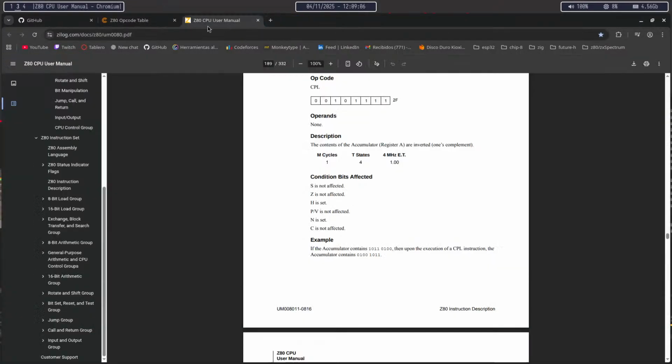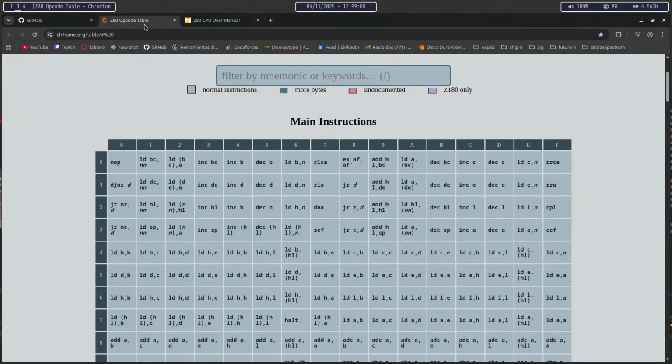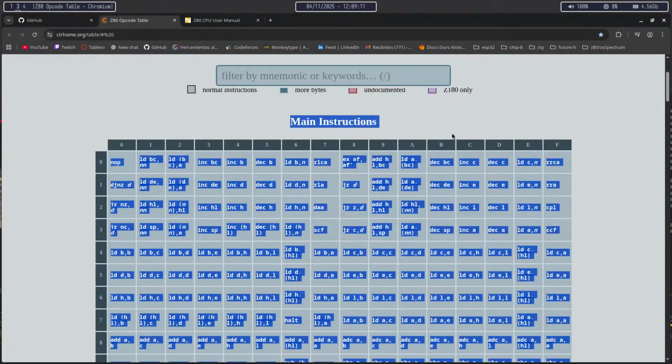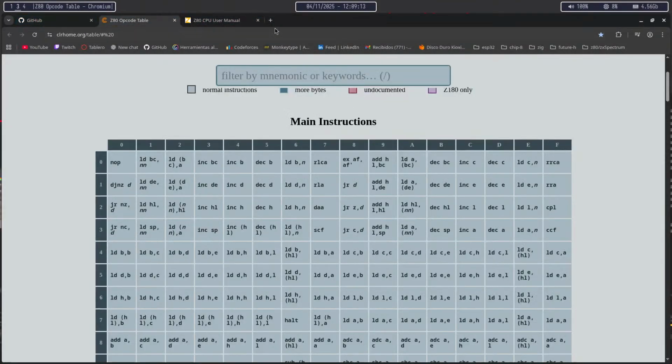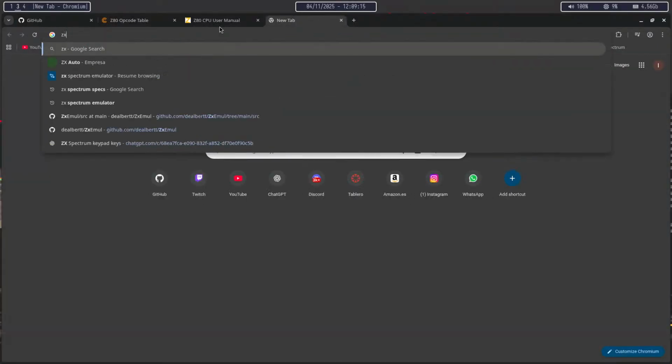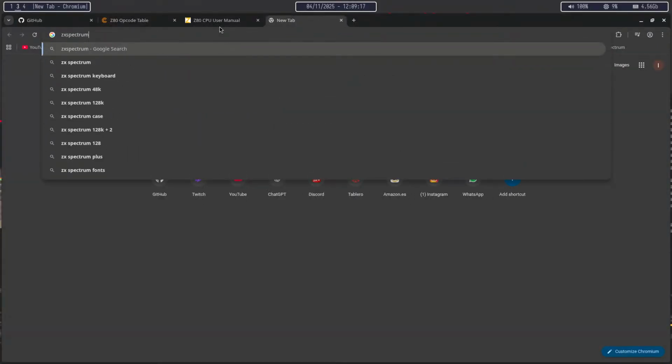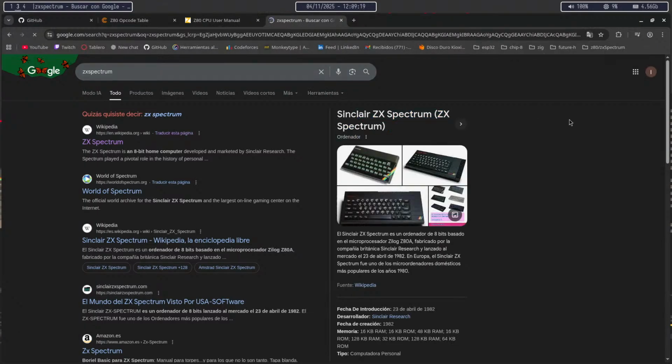I guess maybe in the future I could get a ZX Spectrum, which is the whole computer with the Z80, and test if the code that runs on my emulator behaves and works the same as on the actual real computer. But that is a work for the future.